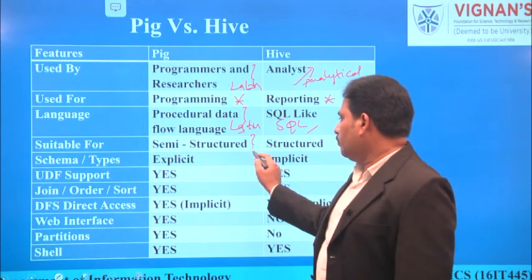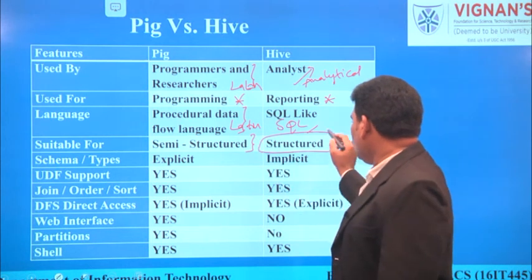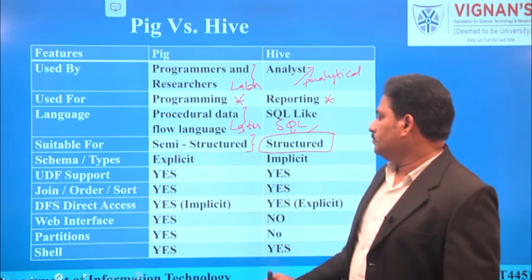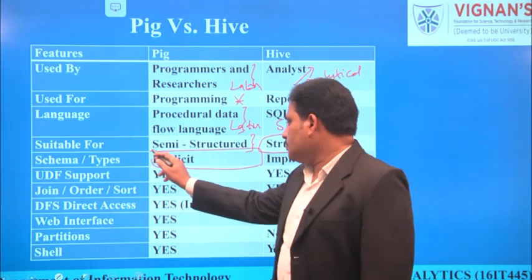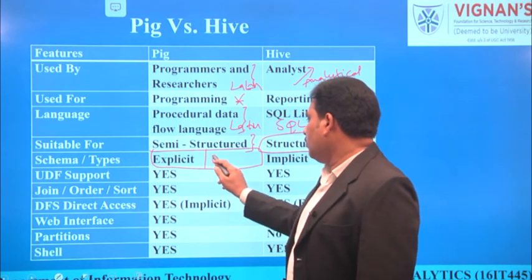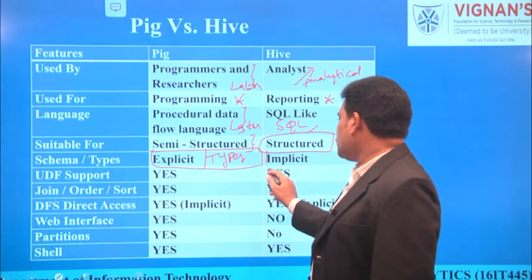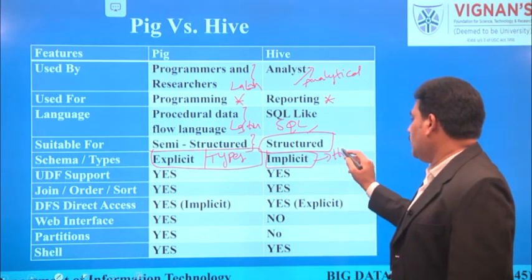Pig is best suited for semi-structured data, whereas Hive is mostly used only for structured data. And for the schematic representation, explicit data types and data implementations are going to be applied in the pig environment, whereas Hive is directly not going to be applied on the data.